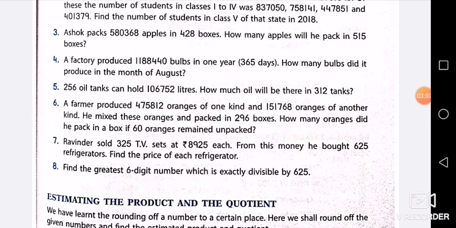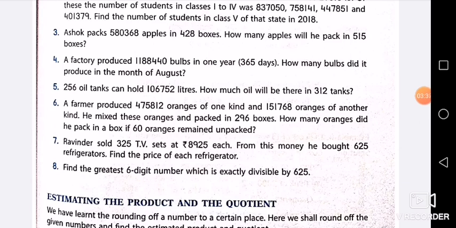So you have to find how many bulbs are produced in 31 days. For that, first of all you have to find the bulbs produced in 1 day. So here the concept of many and one is there, because the number of bulbs produced in 365 days is given.